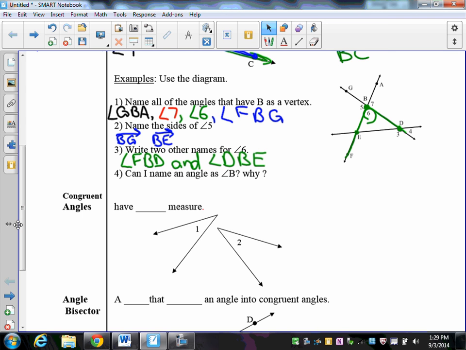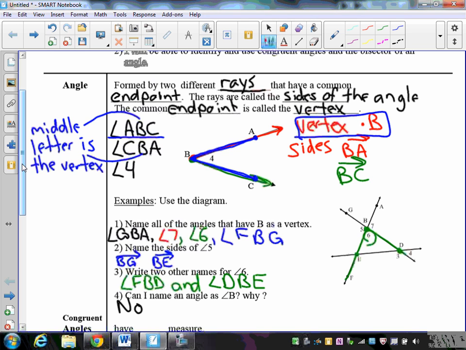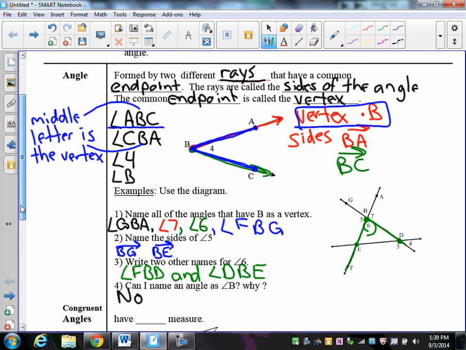Number 4 says, can I name an angle as angle B? Why? The answer to this is no. I didn't mention this above because I didn't quite want to confuse you, but we can call this angle, angle B, when there are no other lines coming from B that could form other angles.